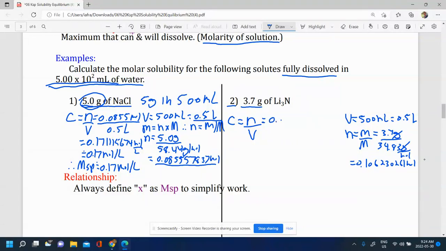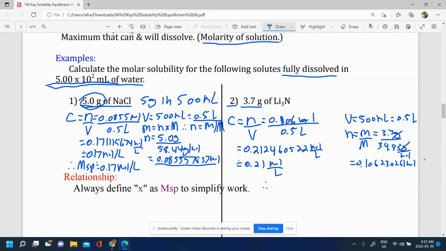So we have 0.106 moles divided by the 0.5 liters, and we get 0.212460522 moles per liter, or approximately, to 2 sig figs, 0.21 moles per liter.